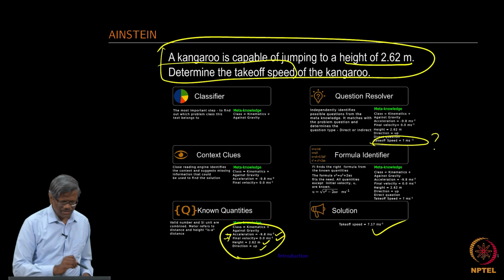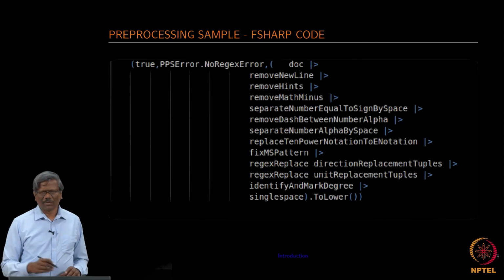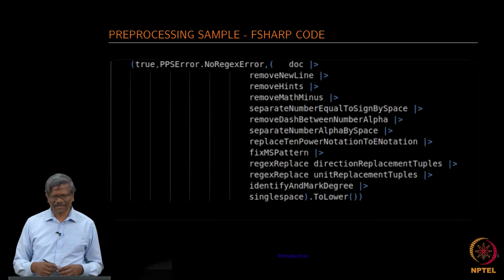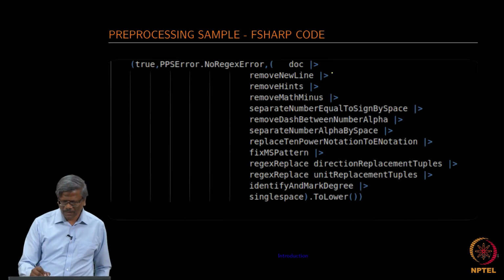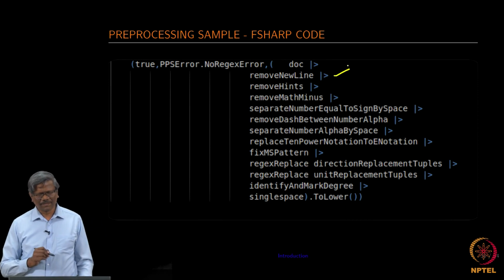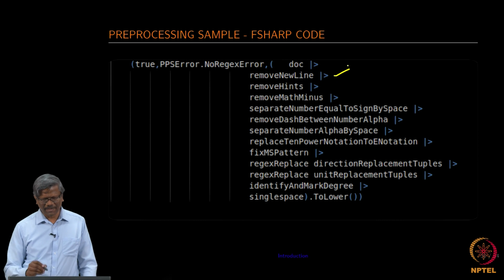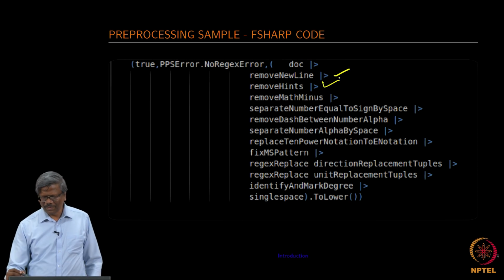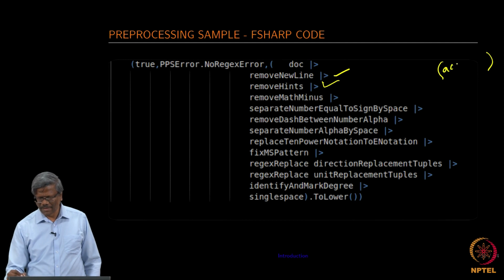So, for us to do this, we require various pre-processing steps. I need to remove the unnecessary newlines, and then remove hints. For example, certain problems will provide you hints: acceleration due to gravity equal to 9.8 meters per second square.